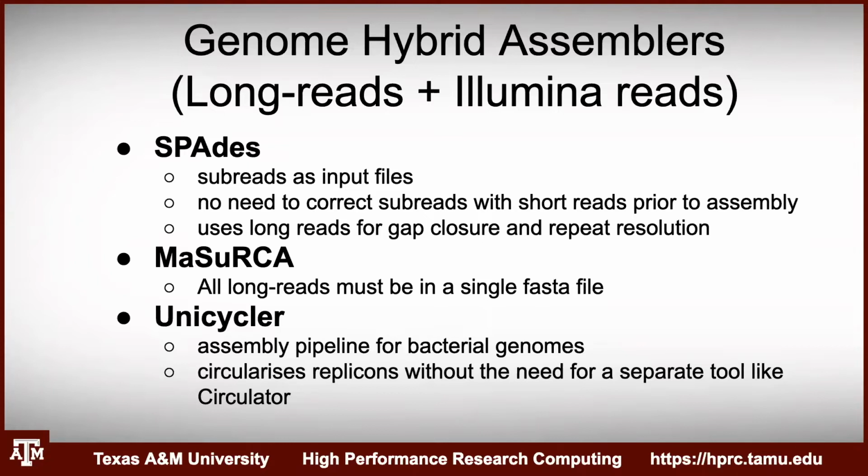So that's what the long reads help resolve, because you can get actually unique sequence flanking the repetitive region to help you anchor those in position correctly in the genome.